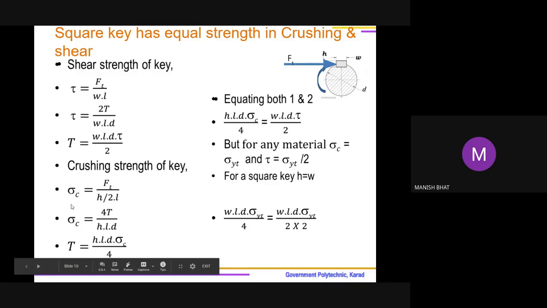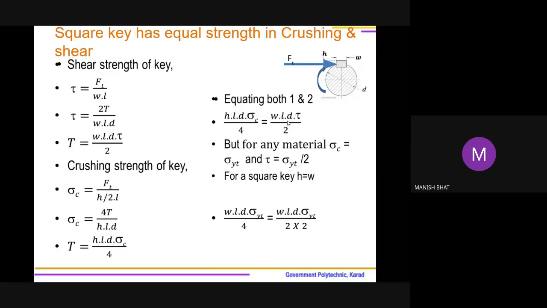Their left hand sides are the same, T, T, so I will equate those. Equating T in shear strength and T in crushing strength, what do I get? L gets cancelled, D gets cancelled, and the 2 will get cancelled. Here the remaining is 2.